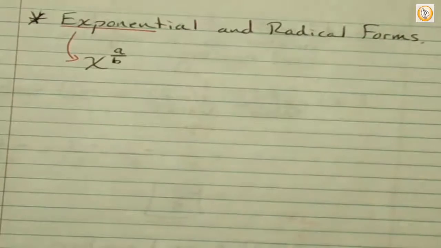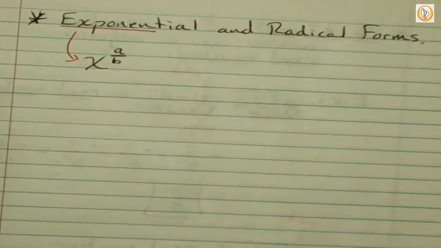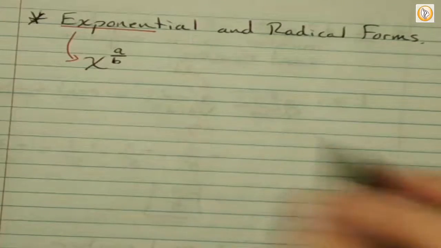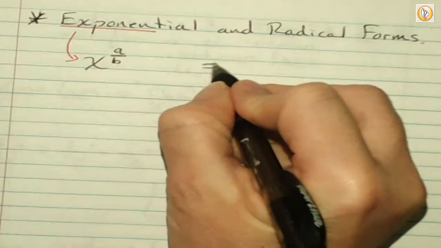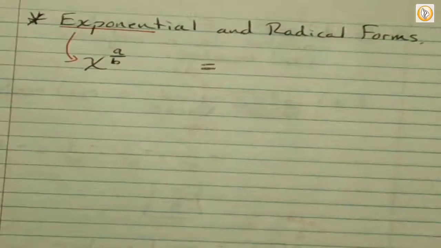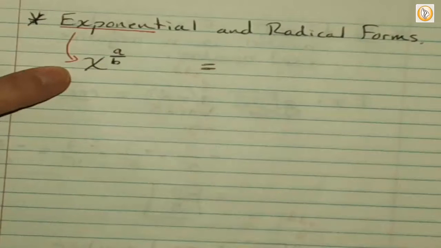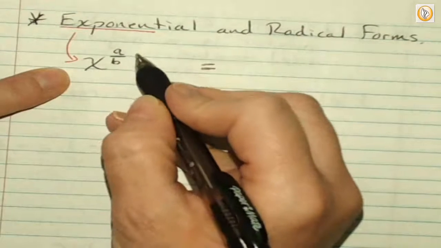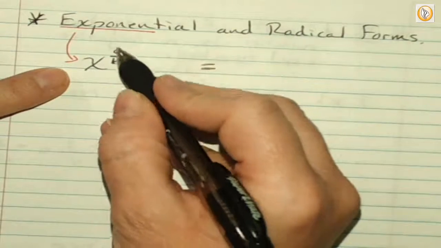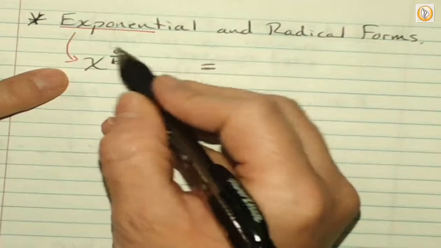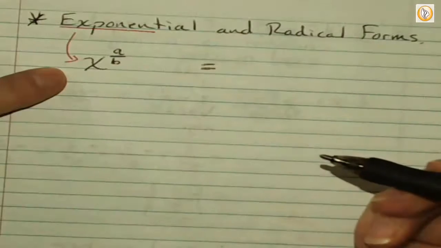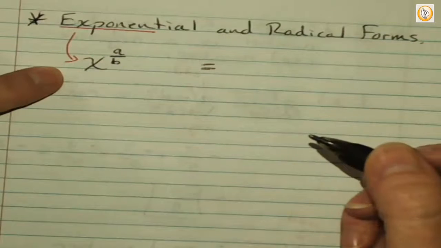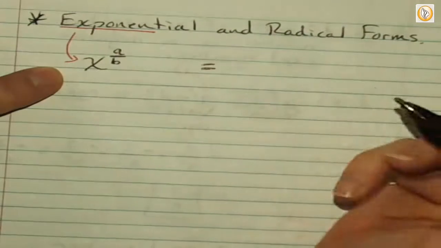So if I say put something in exponential form, this is what it's going to look like. Do y'all see that? It's a base with an exponent that looks like a fraction. Makes sense, exponential form.